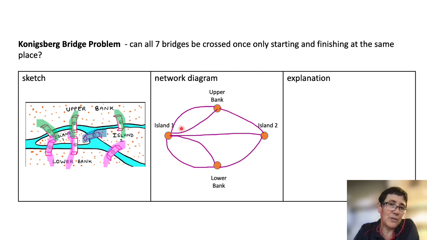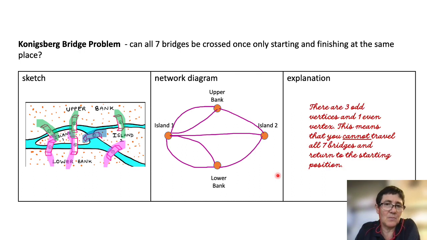So I've got 4 vertices and they're all odd. So you cannot cross every bridge once and only once and get back to where you started. So my explanation would be something like, I should have written there are 4 odd vertices. I didn't count that very well when I typed this. So there are 4 odd vertices. This means that you cannot travel all 7 bridges and return to your starting position.